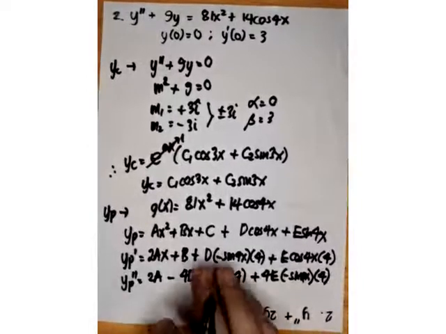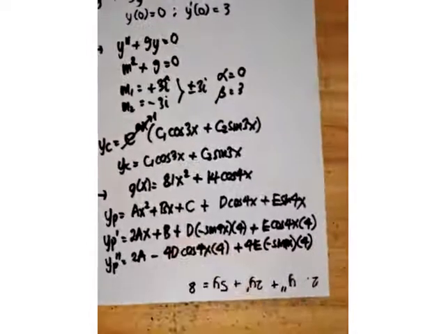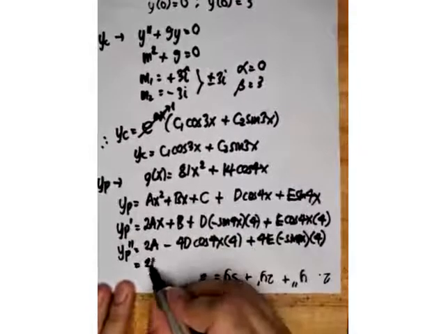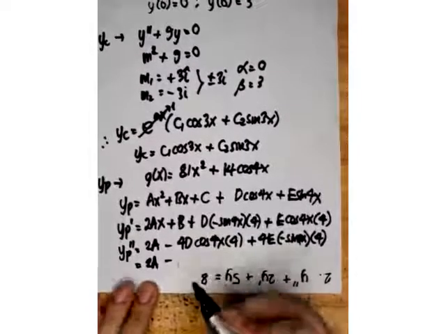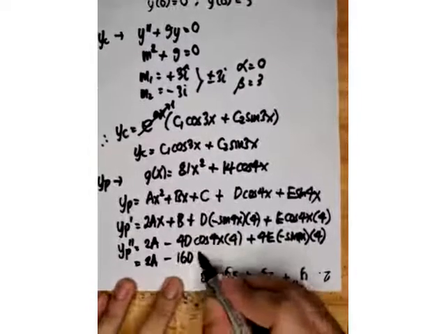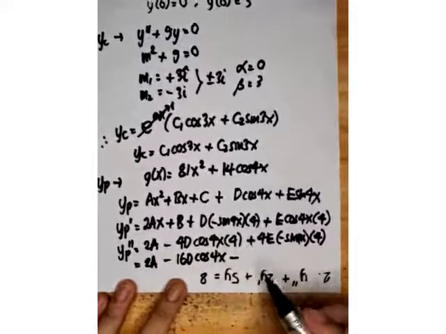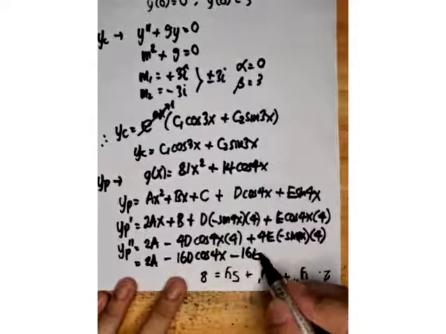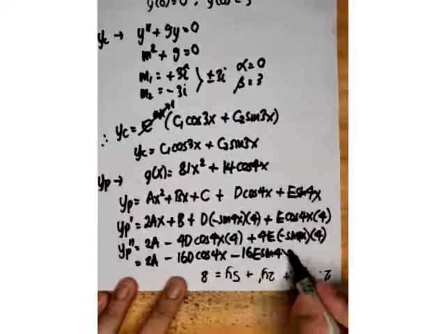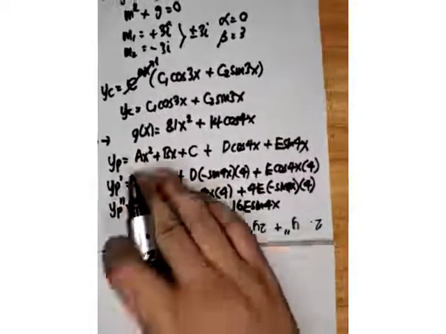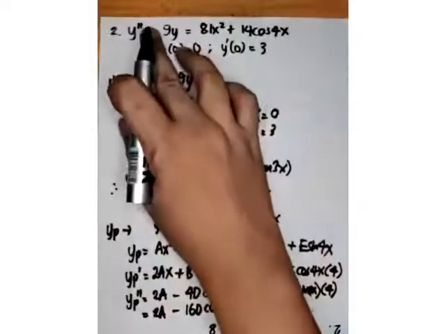Ayan. Okay, ayusin na lang natin. So, y double prime is 2a minus 16d cosine 4x minus 16e sine 4x. Ayan.